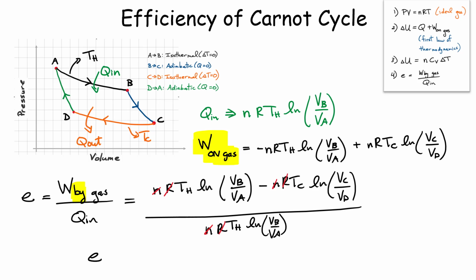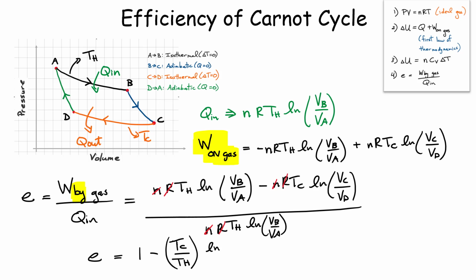So let's go ahead then and do one extra step. If I divide through, I'm going to get 1 for this term because TH natural log of VB over VA is exactly this. Minus. Now I'm left with this ratio of temperatures, TC over TH, and we've seen that before. The same equation I used in the other video. However, we still have these terms.